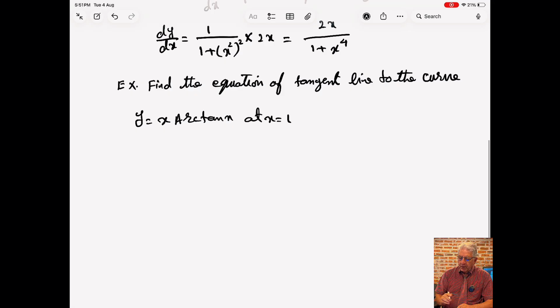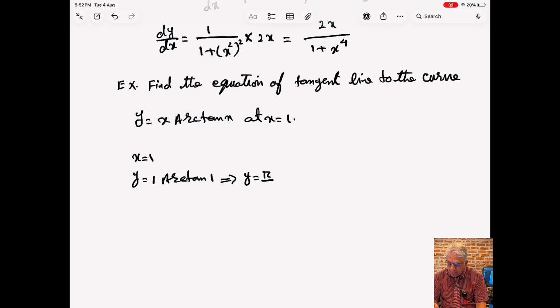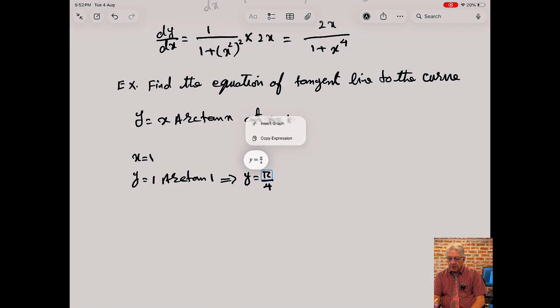First of all, if x is equal to 1, I need to find a point, therefore I need to find y. Therefore this will be 1 times arc tan of 1. Make sure your calculator is in radian mode. Therefore, this gives us y is equal to pi over 4. Therefore, the point is 1 and pi over 4.